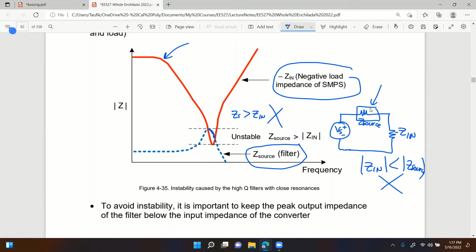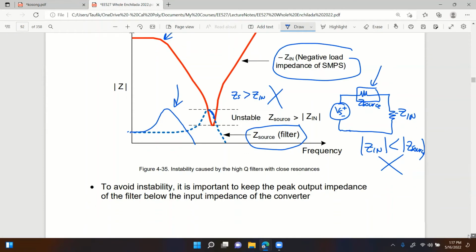So basically you are adding this plot. By adding the input filter, you're adding this plot. Make sure when you do that, the peak of the filter does not coincide or overlap with the plot of input impedance, such as this, for example.